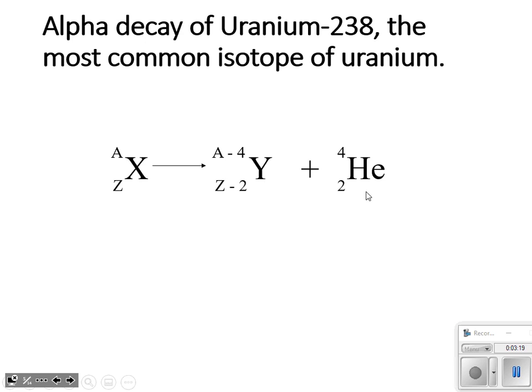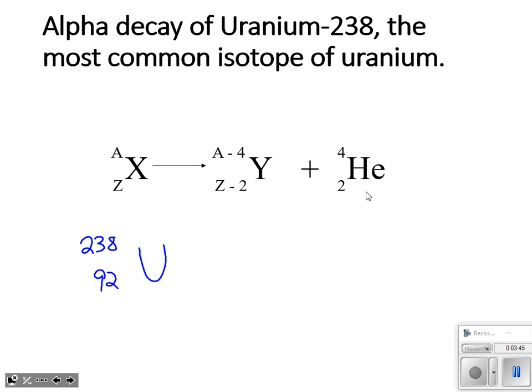Now, when I go through and write my equation for uranium-238, I know that the symbol for uranium is U. I know that the mass number is 238. I'm going to slip over to my periodic table. My atomic number for uranium is 92.